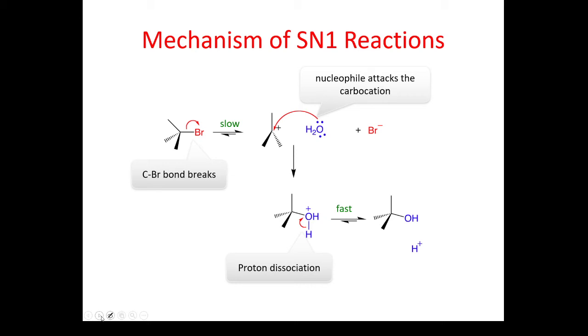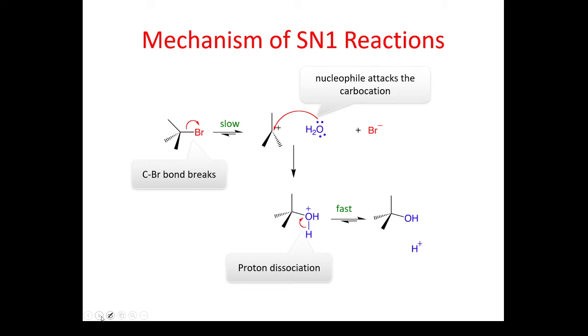The first step of the reaction is slow, to get that leaving group. So how do I get that leaving group to go? I need a solvent with a strong negative charge, something that's there to dissociate, something that could protonate. I need a protic solvent. I need that proton on there.